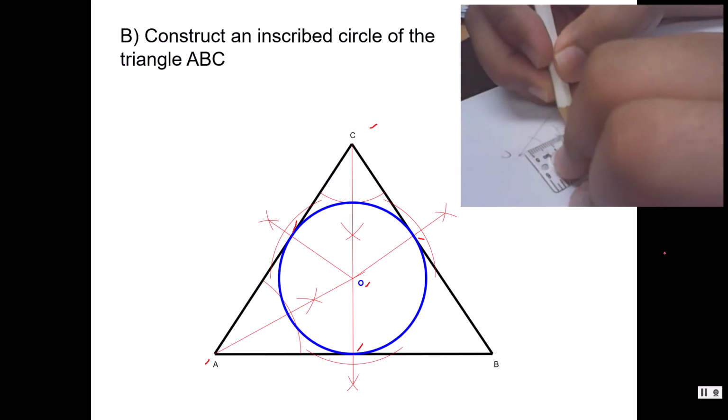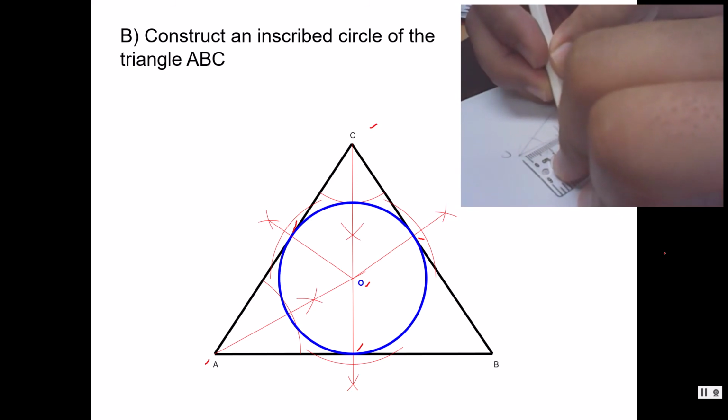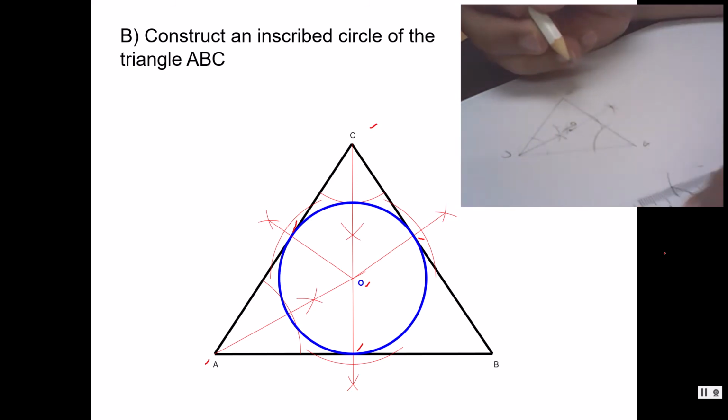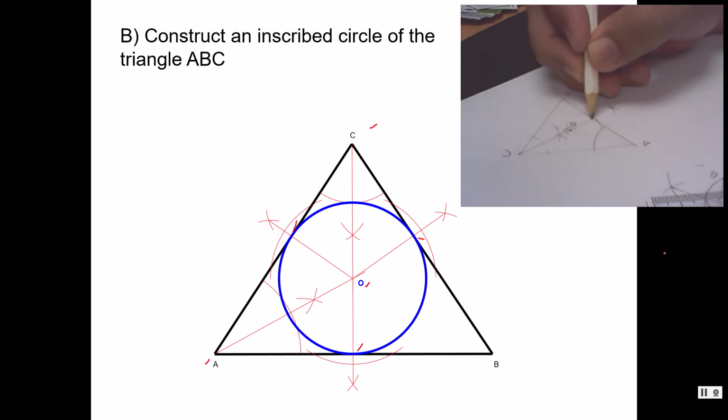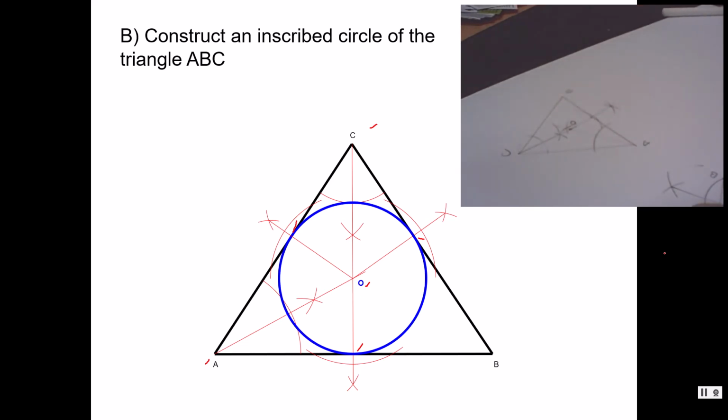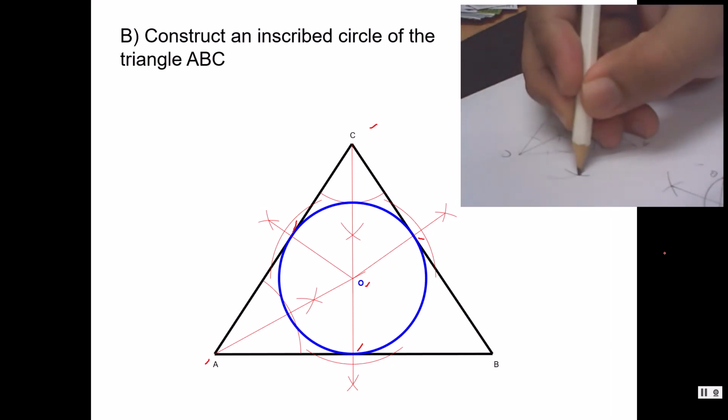From point O, just going to draw one straight line here. So this is the point that is going to touch the first point. And then after that, from here, draw another circle, and then again do the same from this one and from this one. You got this point.